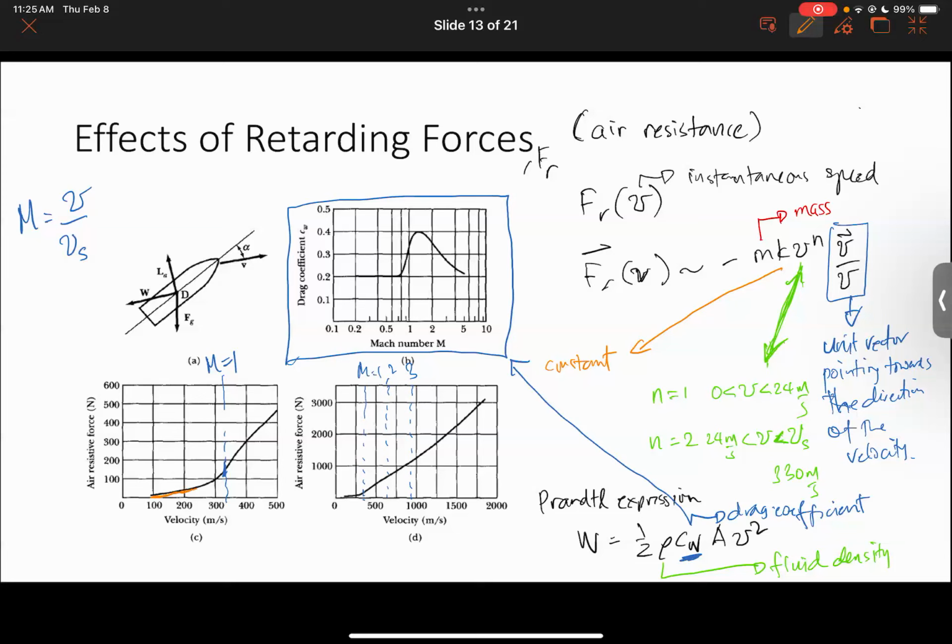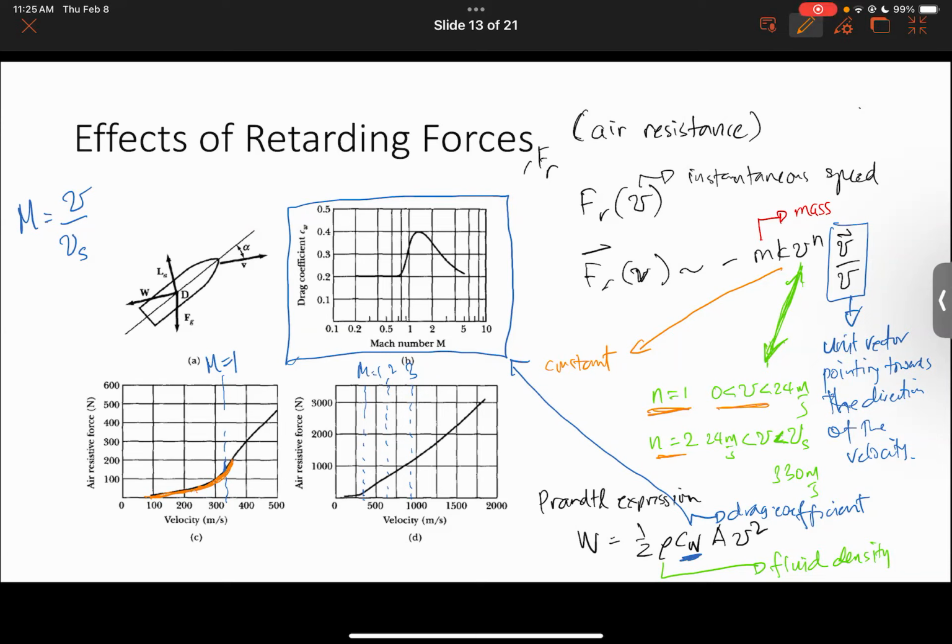Below 330. And then near the speed of sound, medyo nagiging parabolic, 'di ba? So yung initial assumption natin na pag n equals 1, it's linear. Okay, medyo tama. And pag n equals 2, pag malapit na sa speed of sound, it's v squared, 'di ba? So ito yung v squared natin.